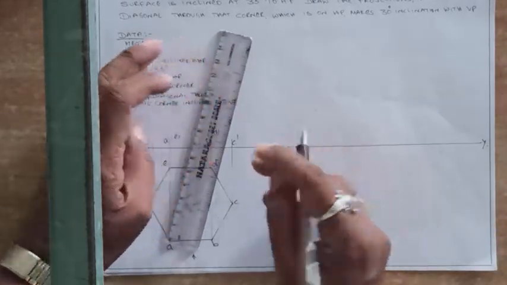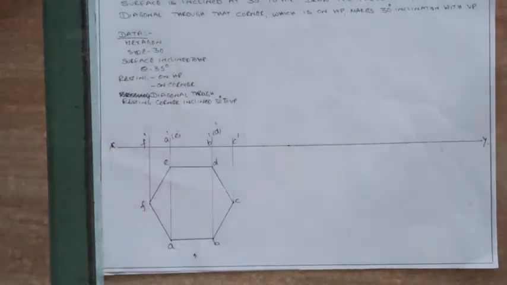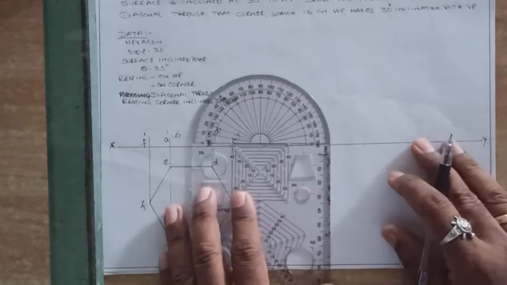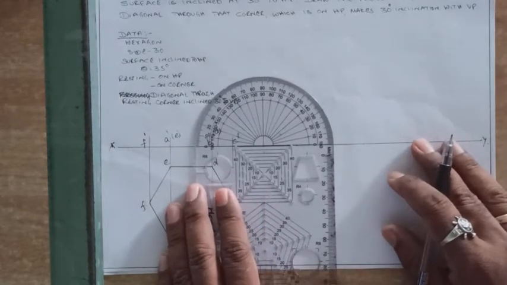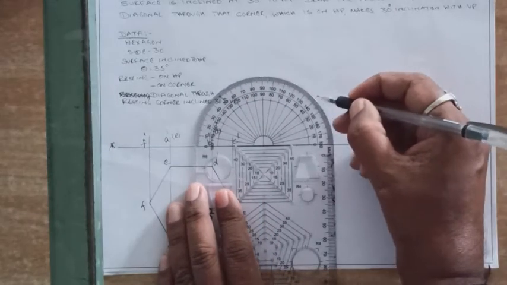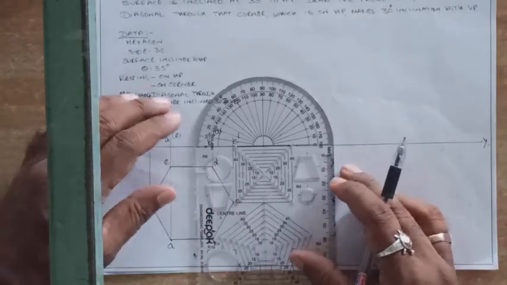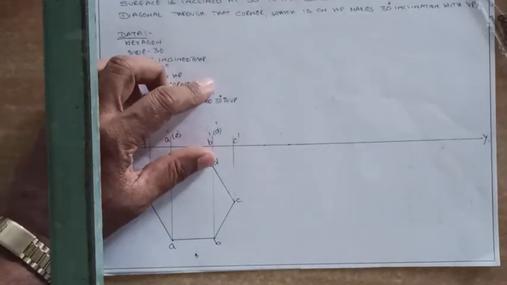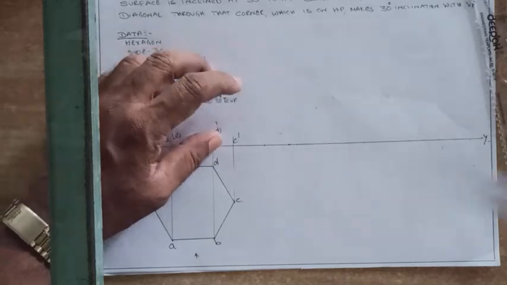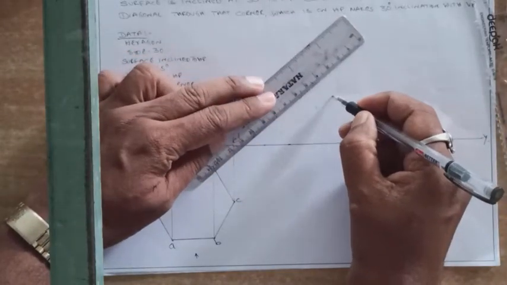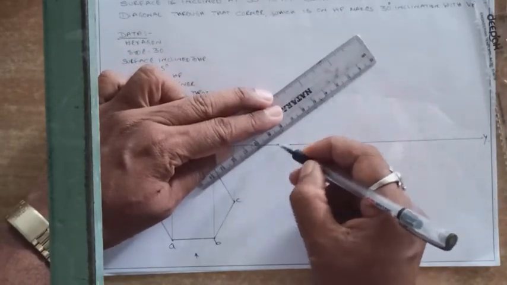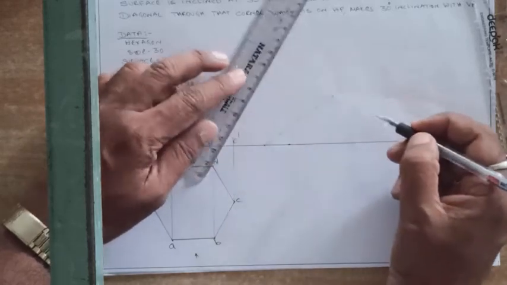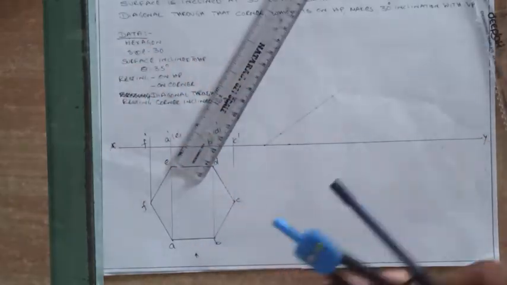Now what is the surface angle given? 35 degrees. So take any point on this XY line, minimum gap 15 mm or 20 mm, at 35 degrees mark the point, then draw one thin line like this. Then you have to transfer the distances.